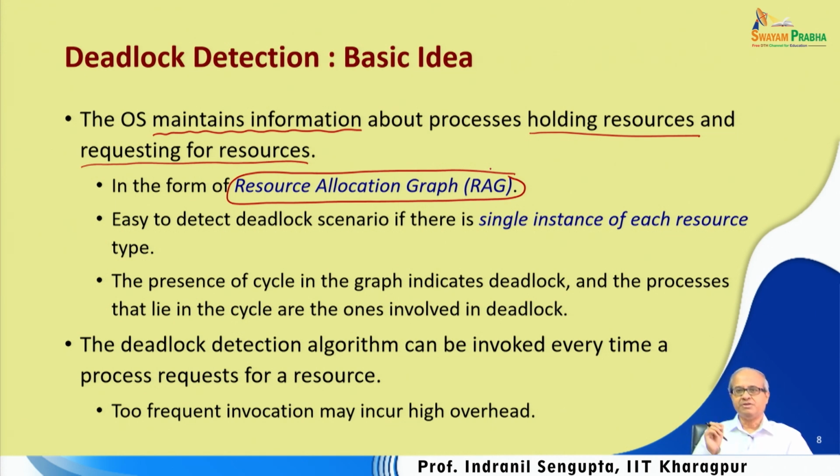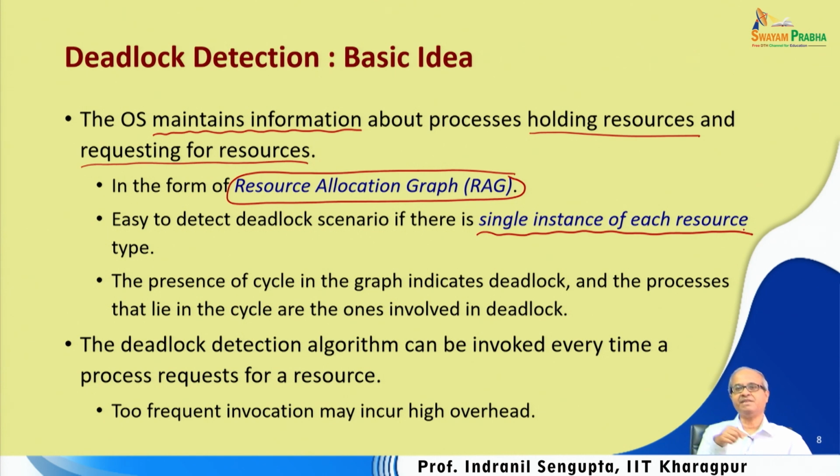We discussed earlier that in a simplified scenario there is a single instance of each resource type. Every resource type has a single copy, there is one printer, one scanner and so on. In such a scenario, it is very easy to detect whether a deadlock has taken place by analyzing the resource allocation graph, RAG.